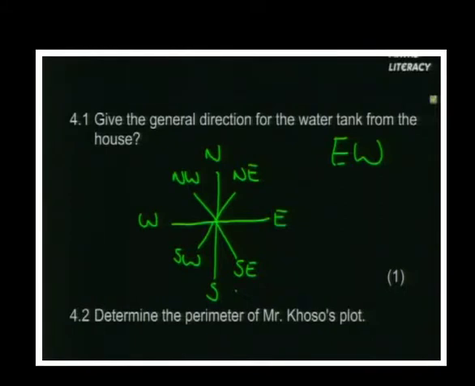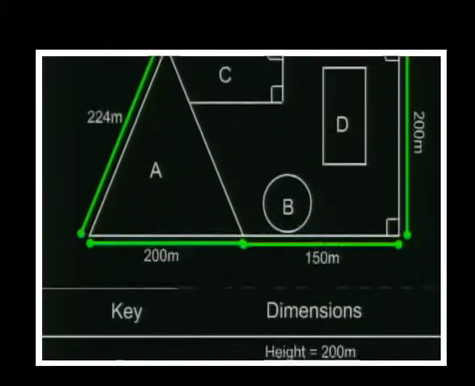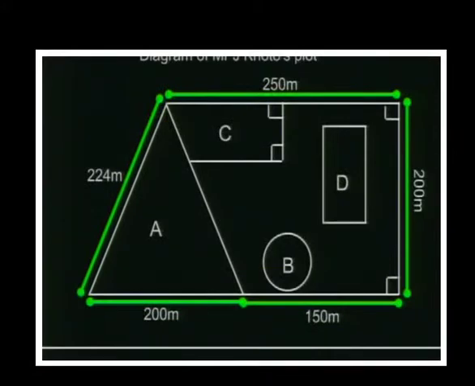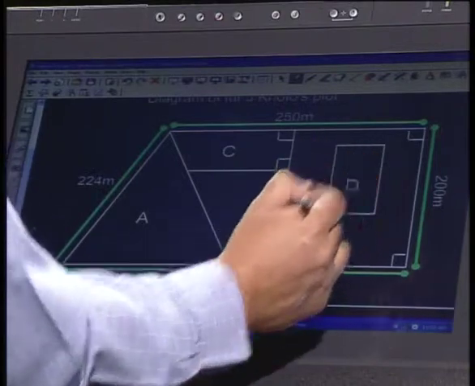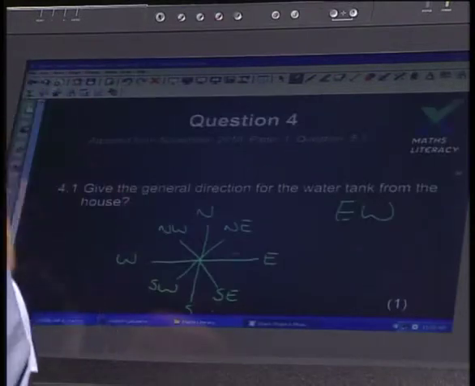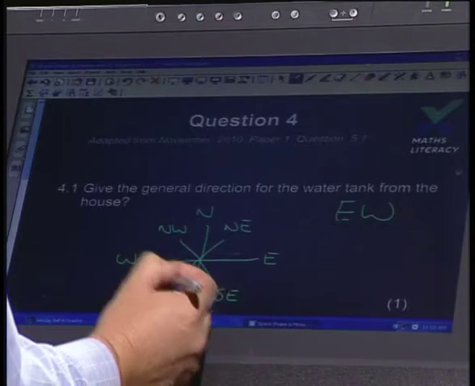Now we want to know, give the general direction for the water tank from the house. So let's look at our diagram again. Here's my house, here's the water tank. I'm looking in this direction. What is this direction? Let's have a look. This direction is southwest.